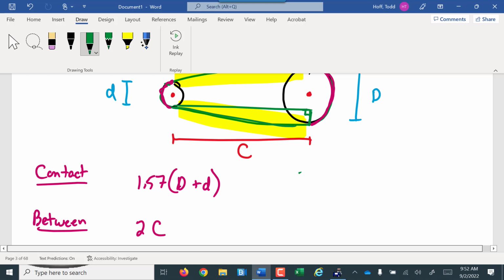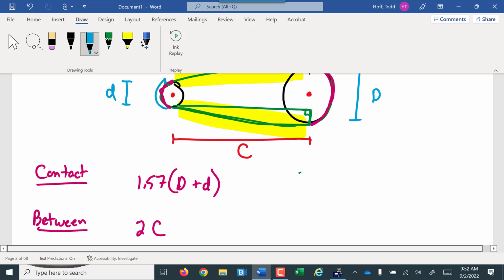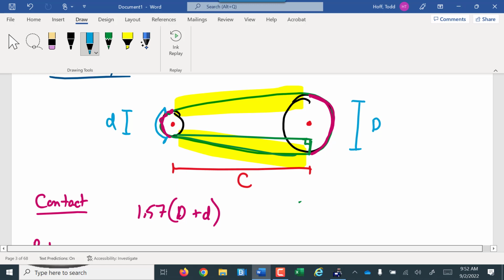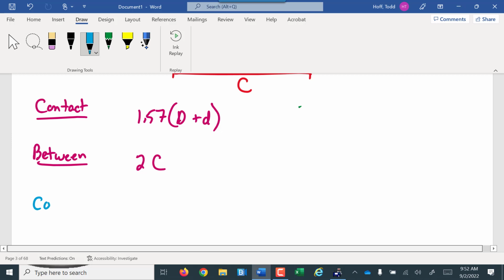The other thing that happens, if your pulleys are way different sizes, is this is not fully halfway around the pulley. And this one over here is actually more than halfway around the pulley because of those differences in diameters. So there's a factor in here to correct for that difference in diameter. To show you where this comes from, we'd have to get into trig.